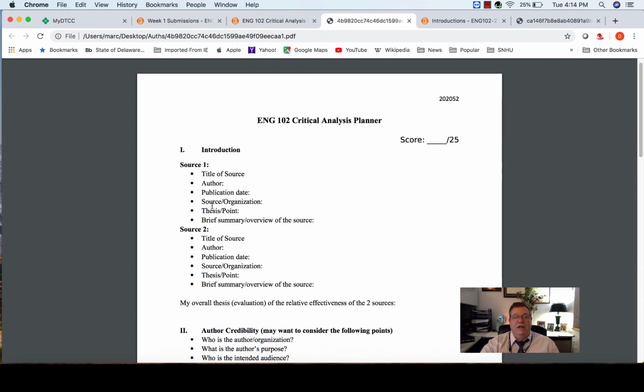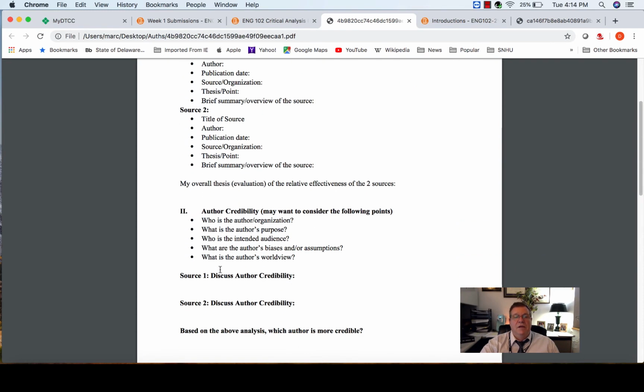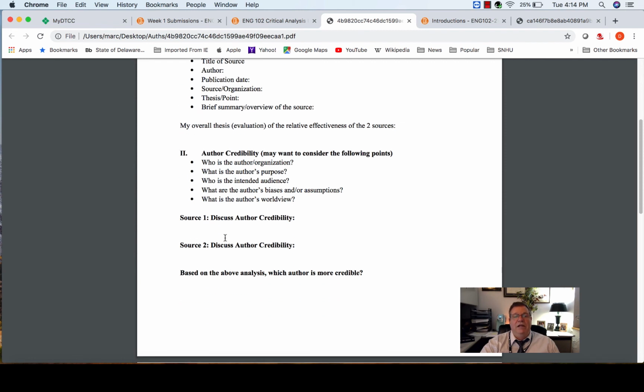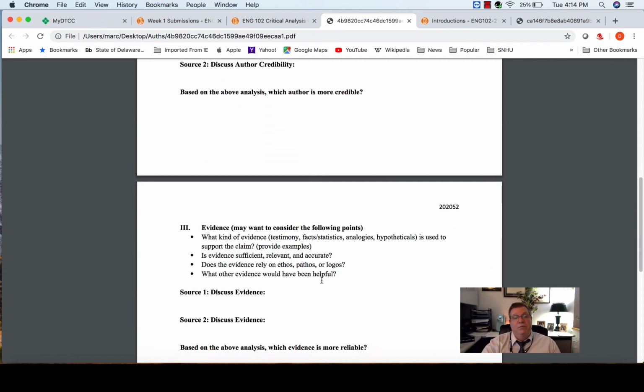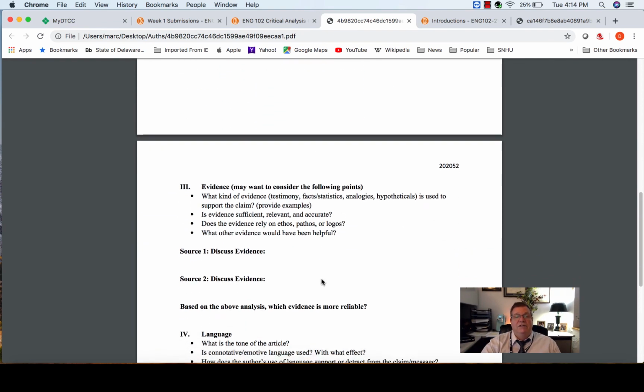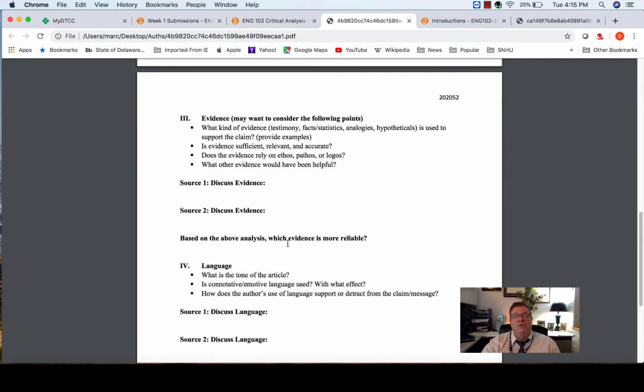So you're talking about each of the sources. And then again, you're breaking down author credibility, source 1, source 2, and then your final statement, which author is more credible. And then evidence, source 1, source 2, which evidence is more reliable. And this is really just opinionated, but based on information from the text.